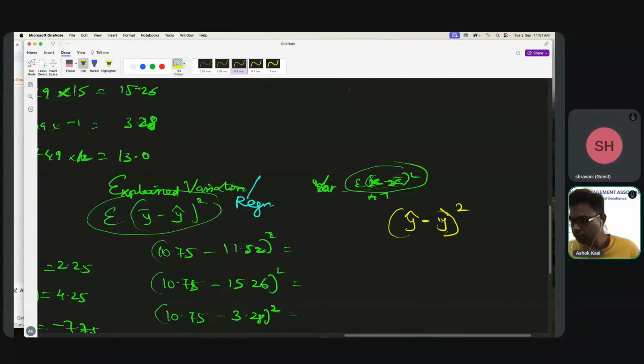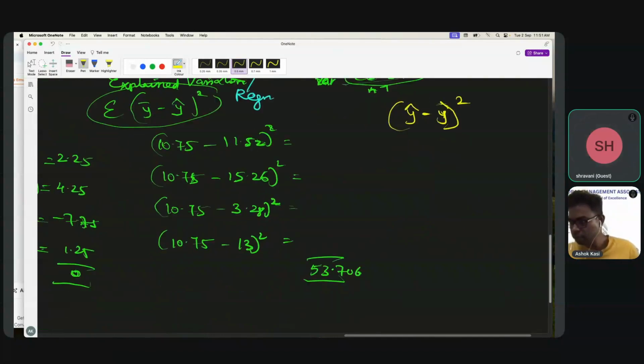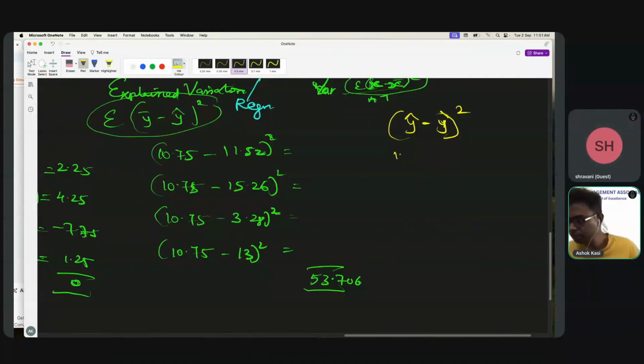y hat minus y. So y hat, I'll write all this: 11.52, minus this, 15.26.